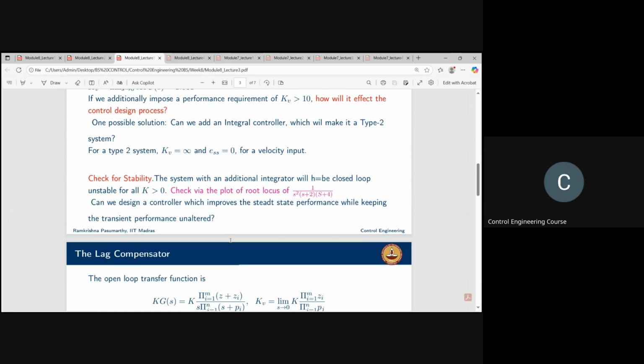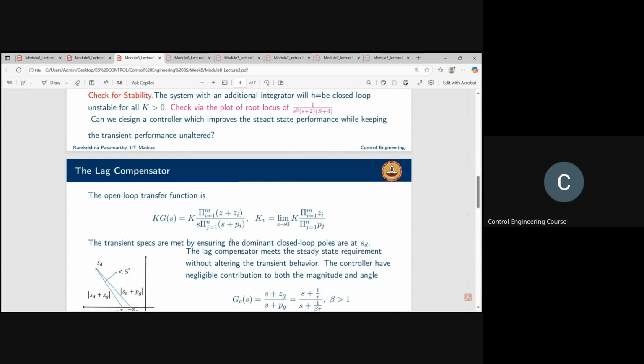But the thing is, can we design a controller which improves the steady state performance while keeping the transient performance unaltered? But if you use an integrator, the transient response specification you have to rework again, right? What if we add a pole and a zero? That's where the lag compensator comes in.